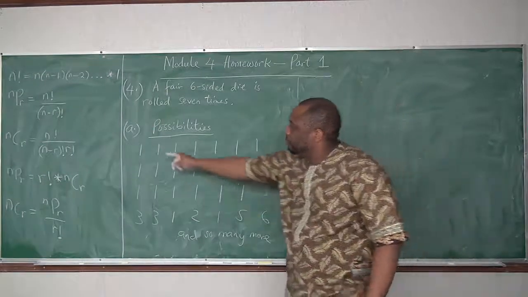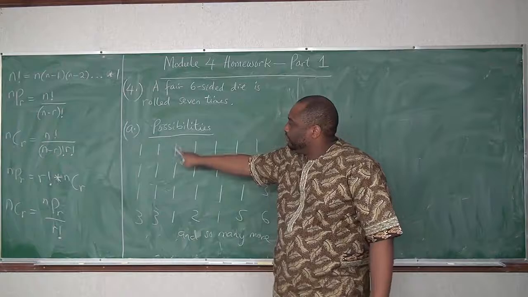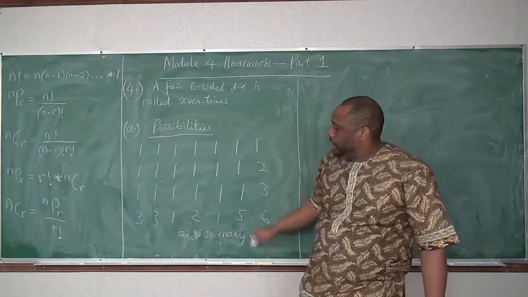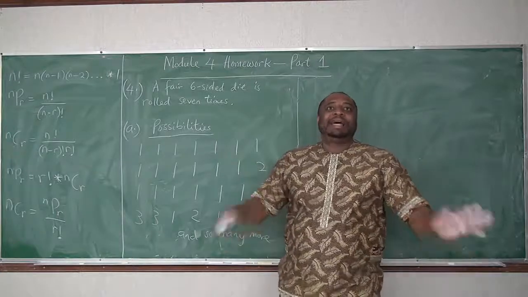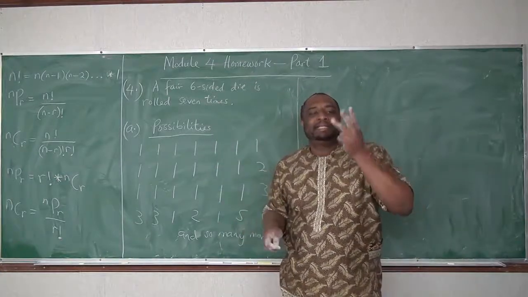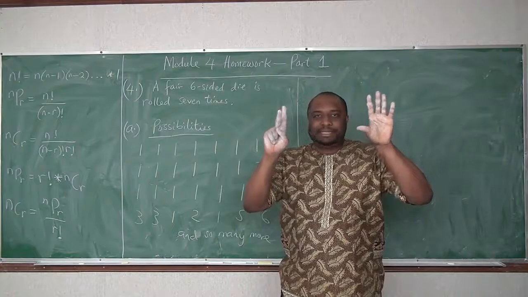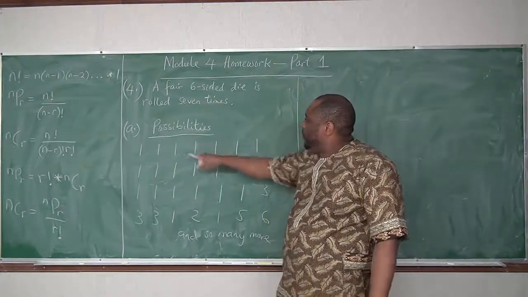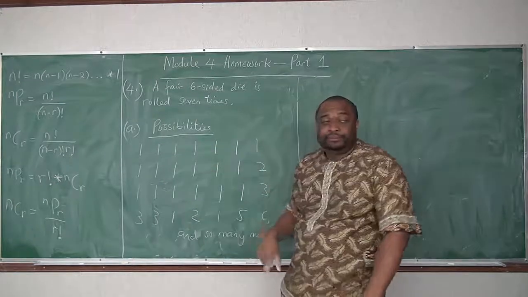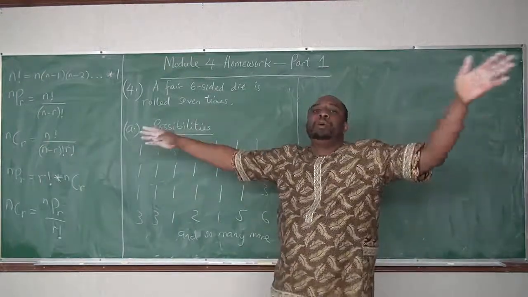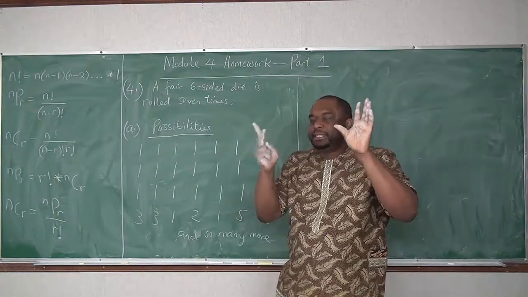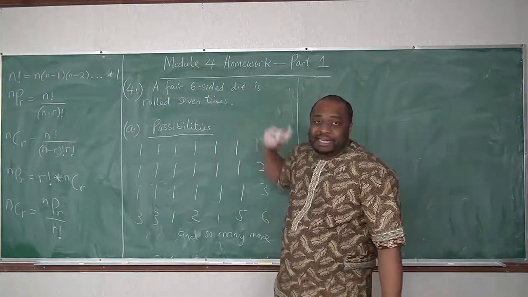First row, second row, third row, fourth row, fifth row, sixth row, seventh row, until the last one will be 6, 6, 6, 6, 6, 6, 6. The first one is 1, 1, 1, 1, 1, 1, 1. And you keep on doing until 6, 6, 6, 6, 6, 6, 6, because it's a 6-sided die.